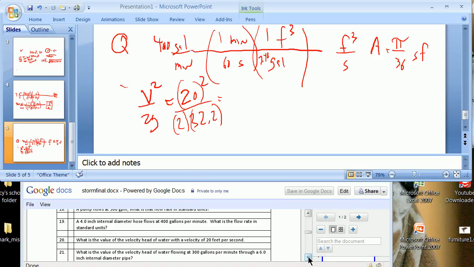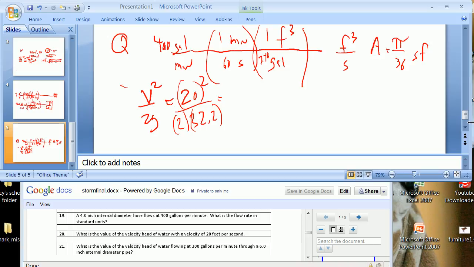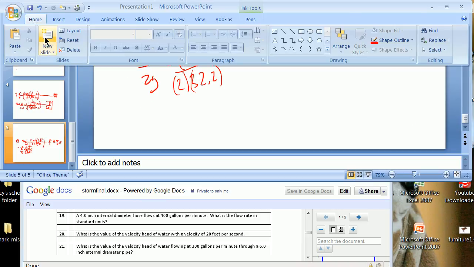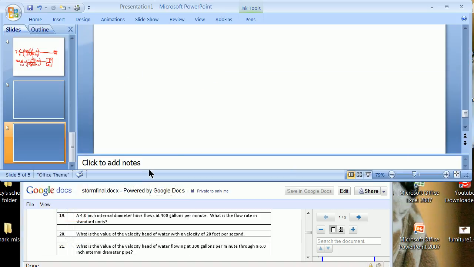The next problem, 21. We just talked a little bit about it. Home, new slide. 21, velocity of water in a 6-inch pipe.